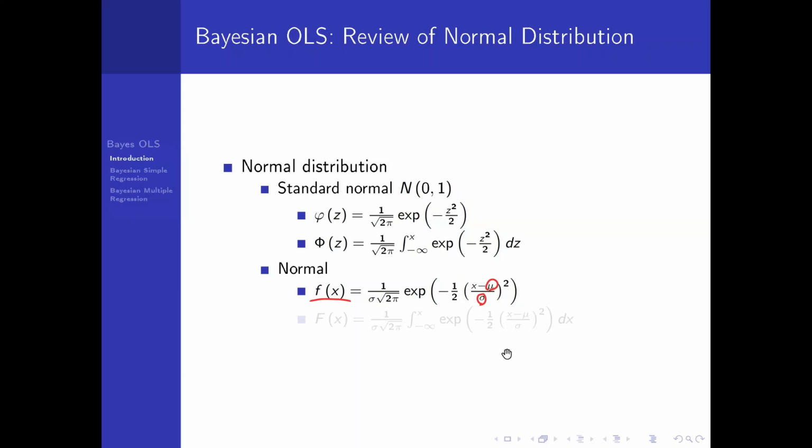Again, mu is the population mean parameter, and sigma is the parameter for standard deviation. And the cumulative density function again takes the integral of the probability density function.